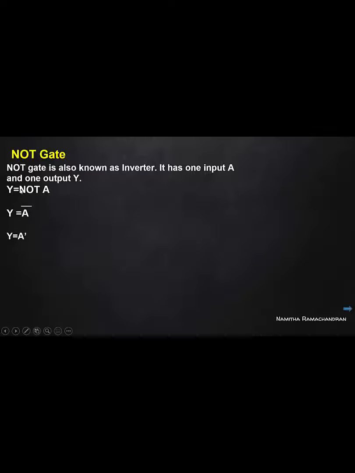Okay, so we can represent the operation of the NOT gate like this. Y equal to NOT of A. It means the complement of the A input is available in the output. In another way, we can represent this NOT gate operation as A bar, the complement of the A input to the output. In another way, using this symbol, we can represent this complement operation or invert operation.